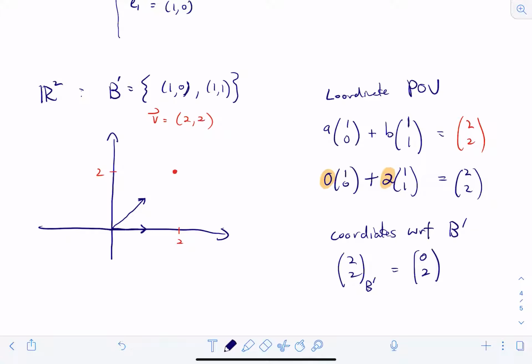That's somewhat common. The way that our book does it is instead of doing it that way, it writes it like this. So let's erase this. It gives the coordinate function a name, so it calls it C_B prime. This tells you we're spitting out the coordinates with respect to B prime. And then what are you spitting out the coordinates of? You're spitting out the coordinates of the vector 2, 2.